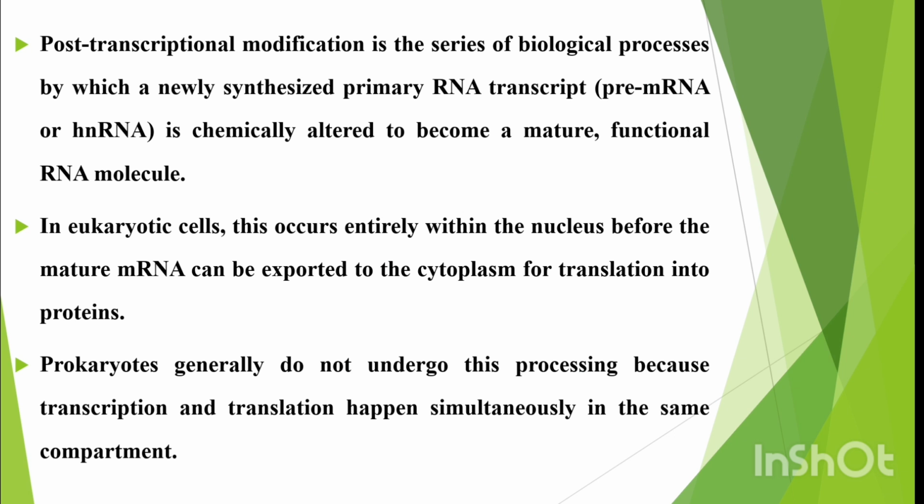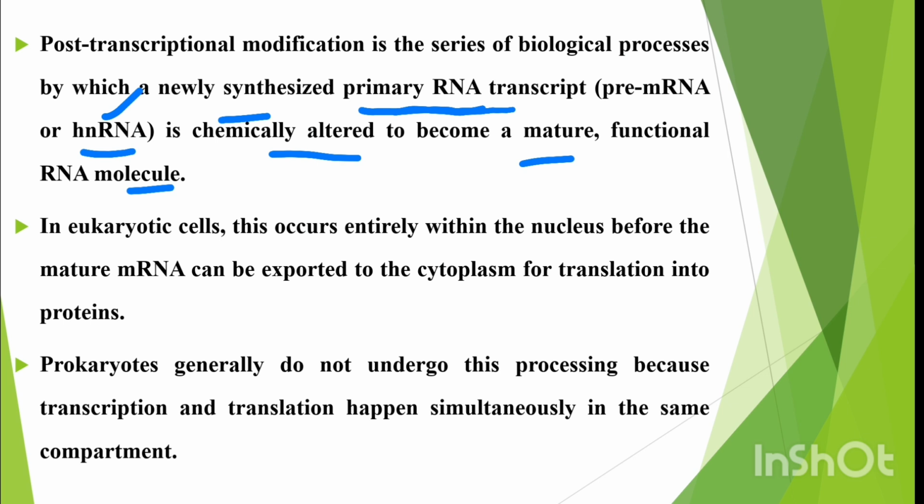So it is a series of biological processes in which the newly synthesized primary RNA transcript, or pre-mRNA, or heterogeneous RNA, is chemically altered to become a matured and functional mRNA molecule.